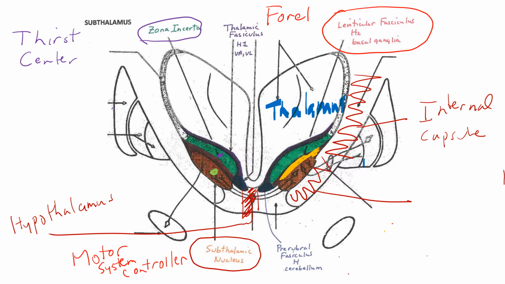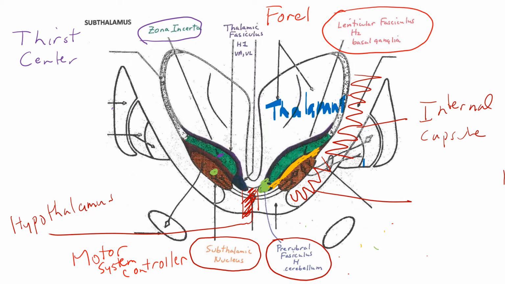Our second area is going to be a small little area right here. And this area, in Forel's terminology, used to be called the H field. But today it is called the prerubral field. And the prerubral field is the connection of the subthalamus to the cerebellum.